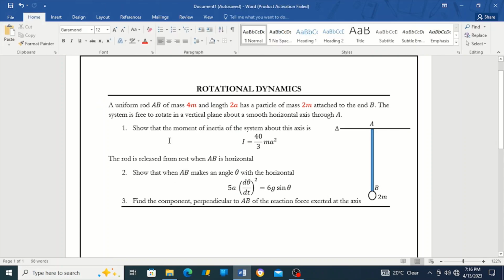We need to show that the moment of inertia of this system about the axis delta here is 40 on 3 ma squared.